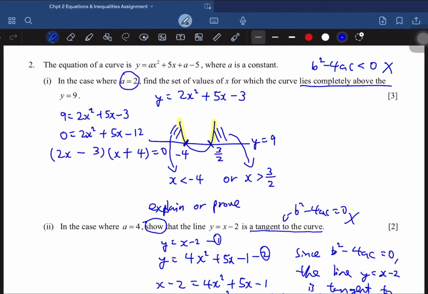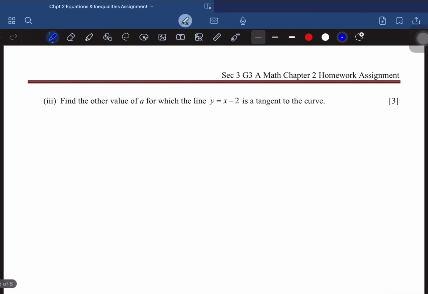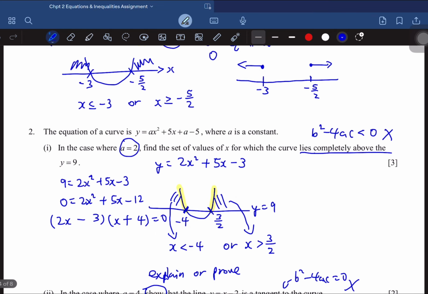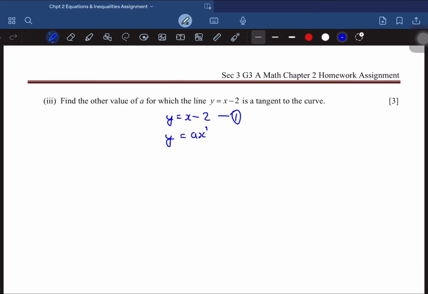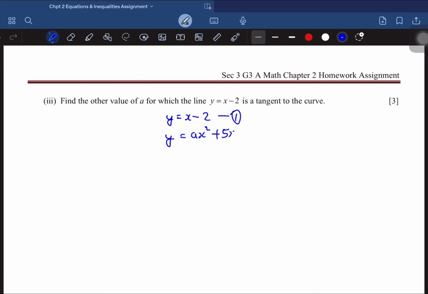So let's take a look. y equals to x minus 2, then y equals to, now without the a, we are supposed to solve for a value, ax squared plus 5x plus a minus 5. Because here we are supposed to find, which means that we are solving, we can use discriminant.